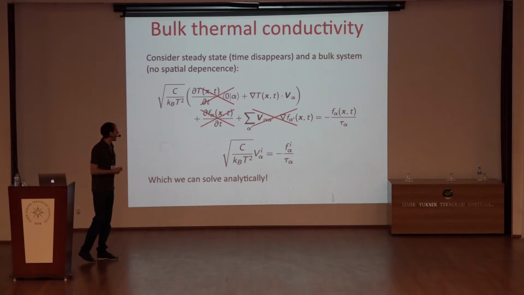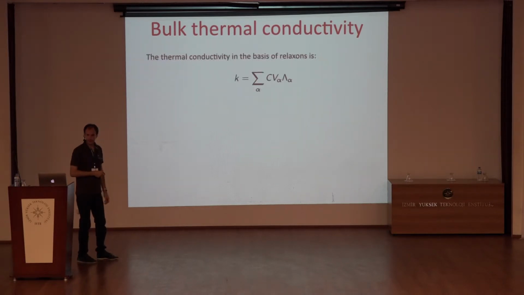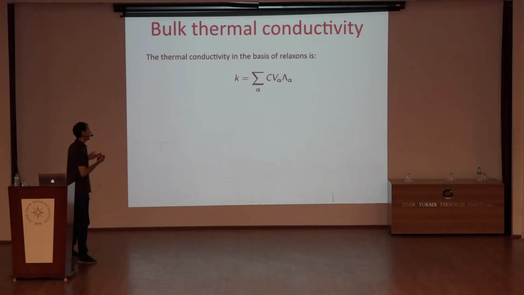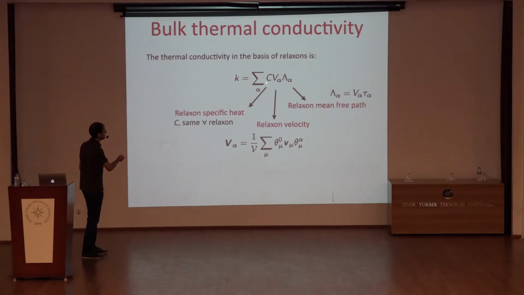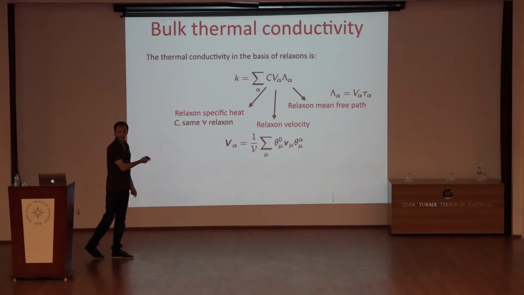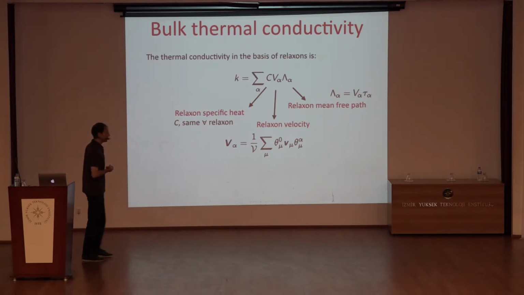You do a lot of algebra again, but the end result is an expression for the thermal conductivity which, formally, is the same as the equation that we are most familiar with. So you still have a specific heat times a velocity, which is associated to this eigenvalue index alpha, and the mean free path, which is going to tell you the distance over which heat flux is propagated.